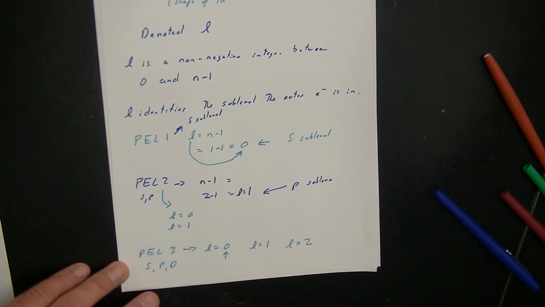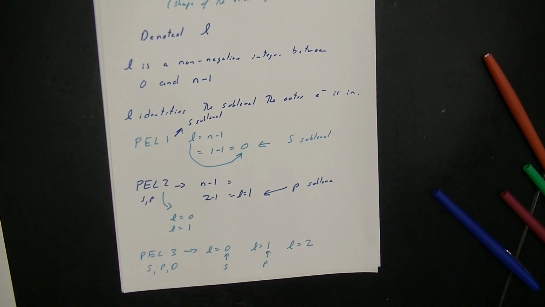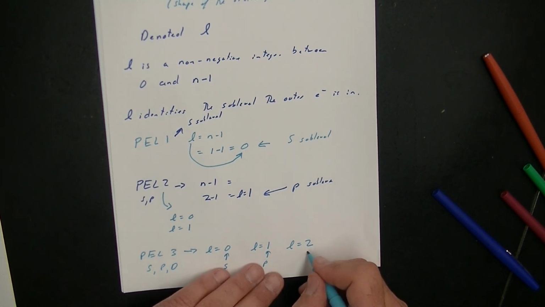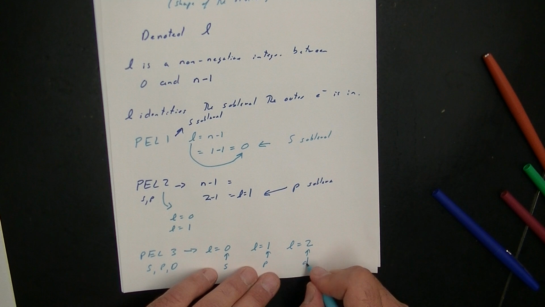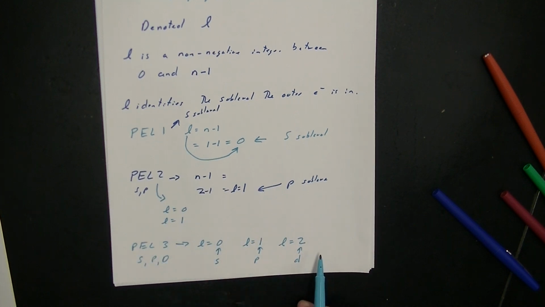If L equals 0, it's in the 3s orbital. If L equals 1, it's in the 3p orbital. If L equals 2, it's in the 3d orbital. Remember, we're talking about where the last electron of the electron configuration is, which PEL it is.